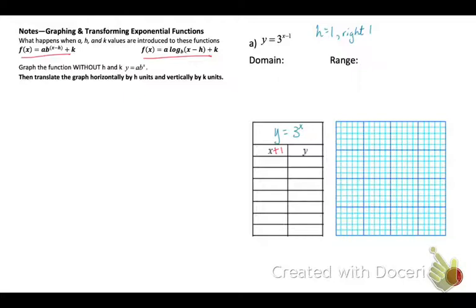And then into our equation, we're going to ignore it. Y equals 3 to the x. Since x is our exponent, we'll plug in values -2 to +2 for x. See what we get for y, which is 1/9, 1/3, 1, 3, and 9. And now we'll do that shift for our x value, 1 to the right, by adding 1 to all those values.